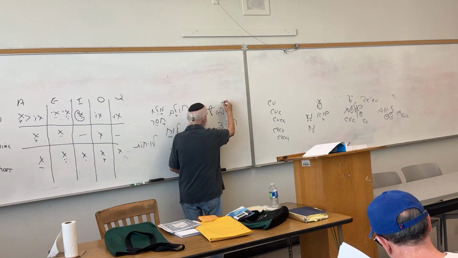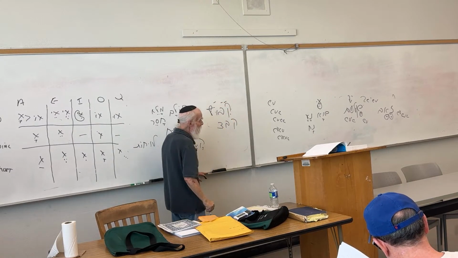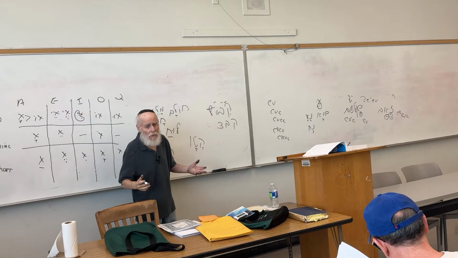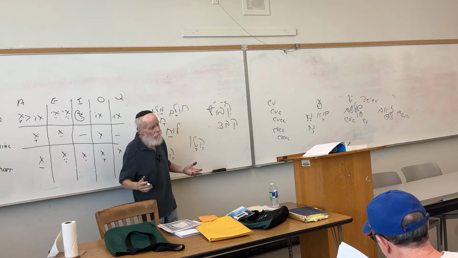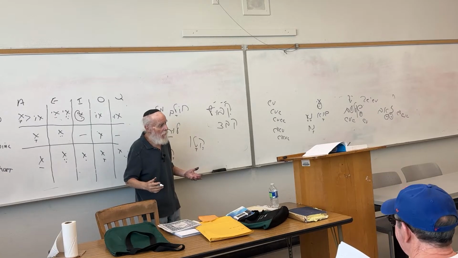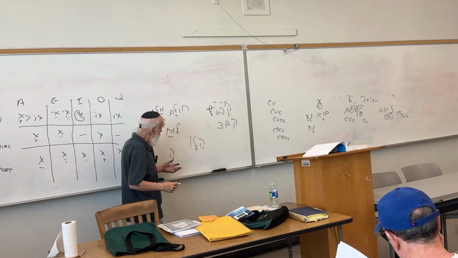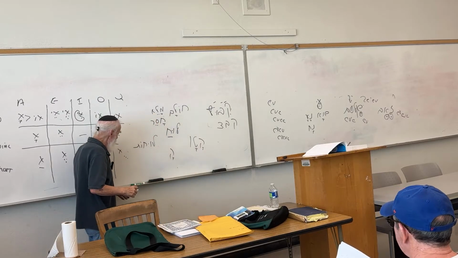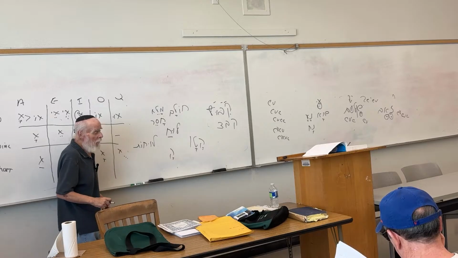A kuf letter, a bet letter, and tzadi. A collective form, a kibbutz. Amazing. The kibbutz gets its name because it has a collection of three letters, I guess, or three little dots.